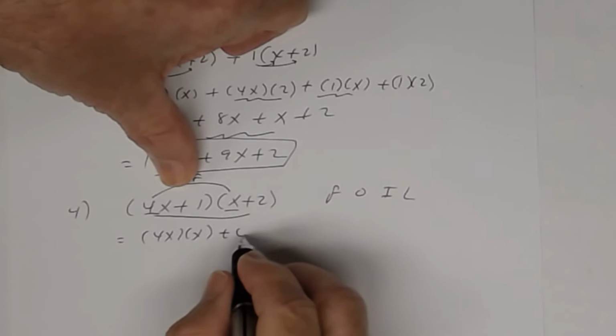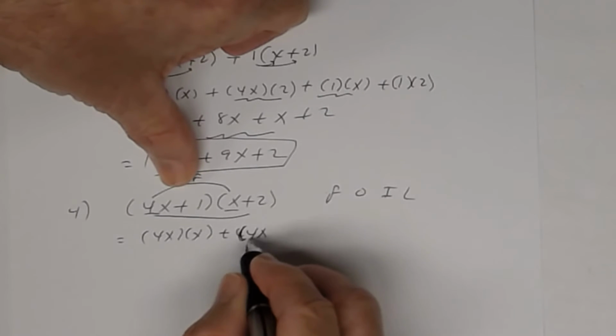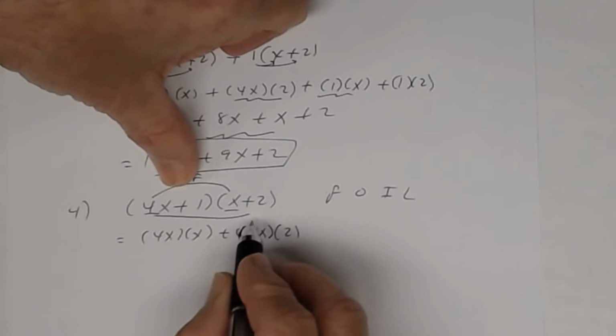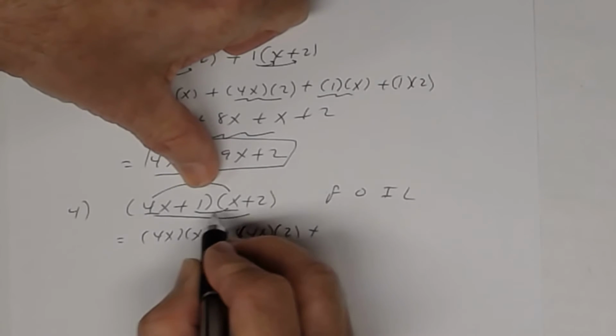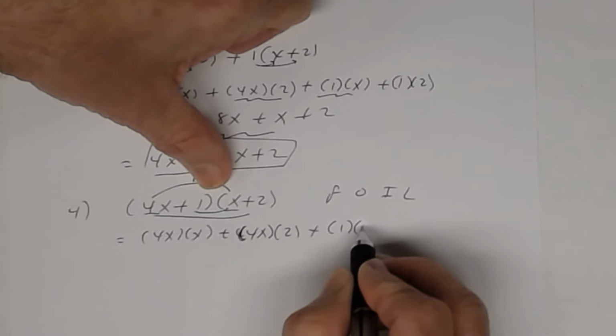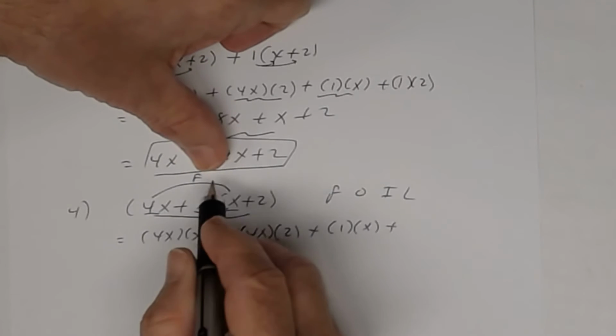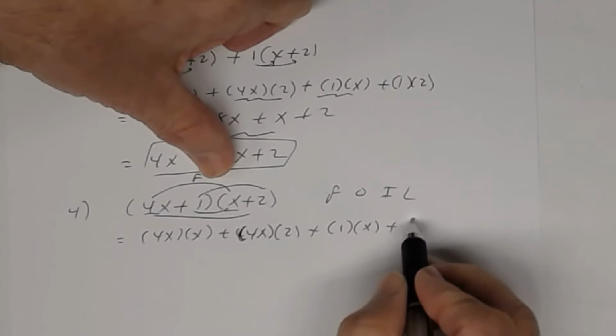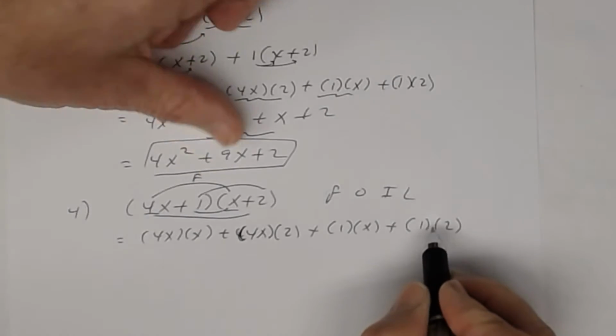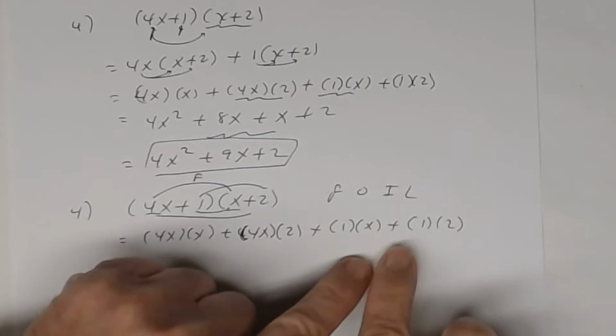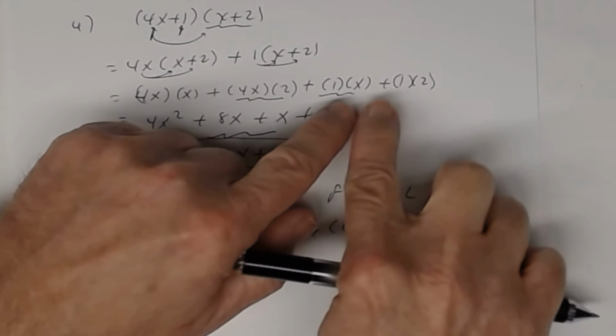So plus 4x times 2, right? And then the inner, the terms on the inside, so plus 1 times x. And then the last, right? So plus 1 times 2. And notice all these products is what you see here.